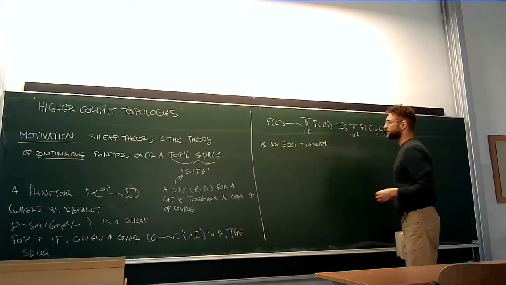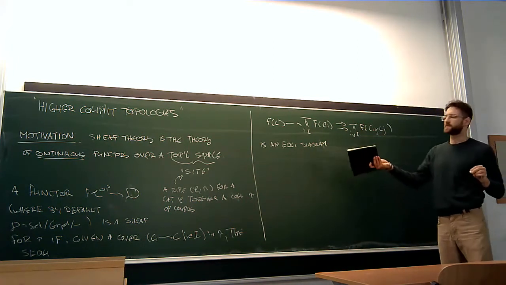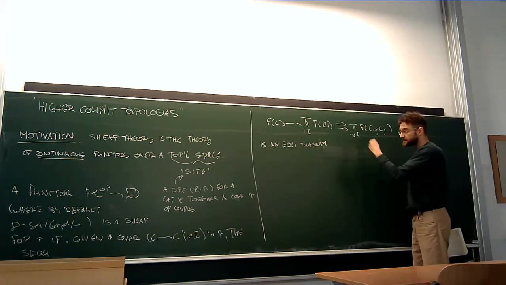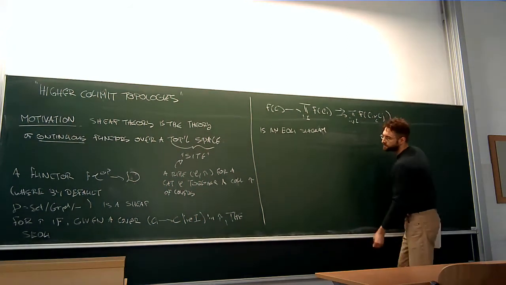Here we assume, just for simplicity, that C has pullbacks. If C doesn't have pullbacks, you can still write a sheaf sequence down. It looks a bit different, but in the case C has pullbacks, this is actually correct.